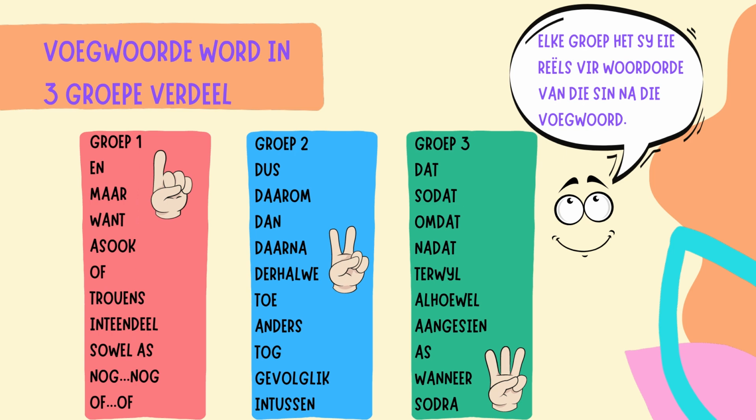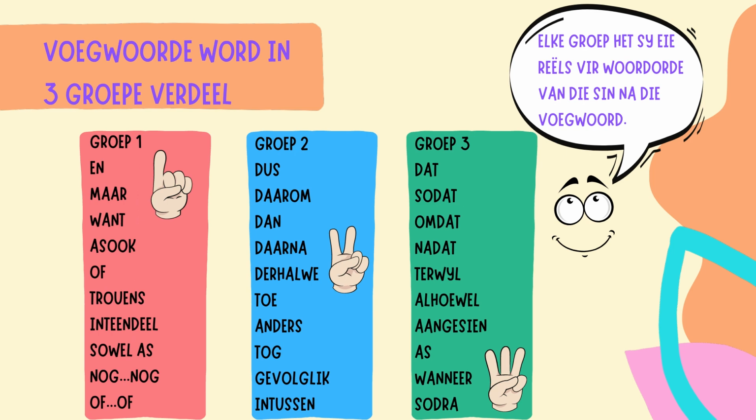Group 3 conjunctions are dat, sodat, omdat, nadat, terwyl, alhoewel, aangesien, as, wanneer en sodra. That, so that, because, afterwards, while, even though, seeing as though, as, when, and once are all group 3 conjunctions.